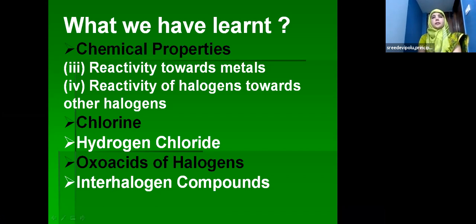Organic acids are different. Mineral acids are stronger than the carboxylic acids, and perchloric acid is the strongest one among all the acids. And ma'am has very clearly explained the interhalogen compounds, their structure, and hybridization. So please learn this, and it is also a frequently asked question for 4 marks.